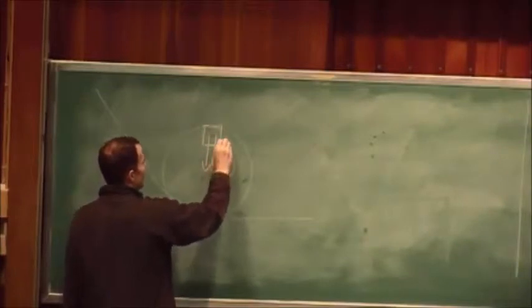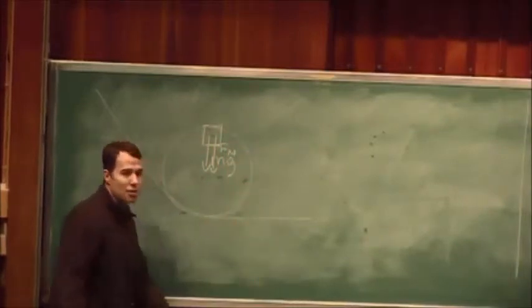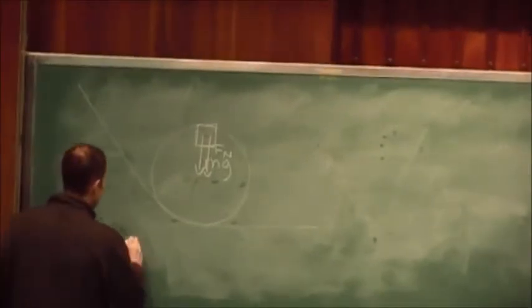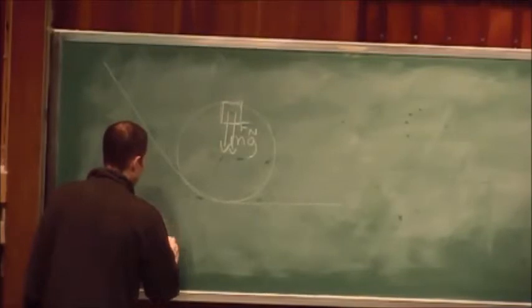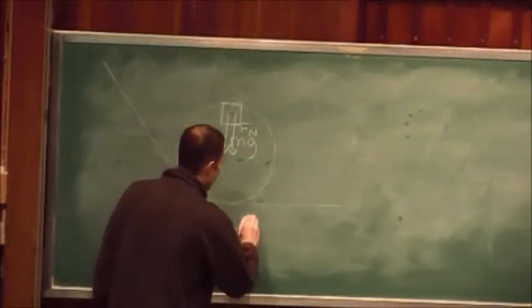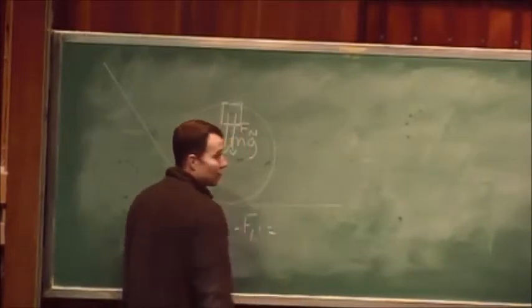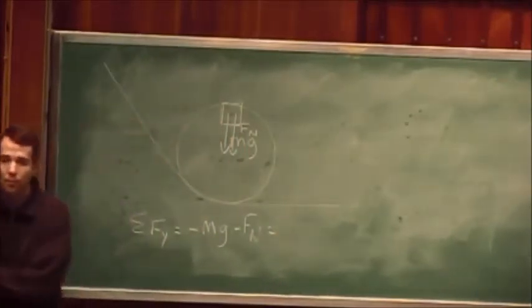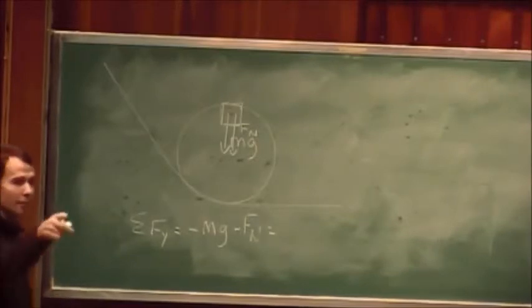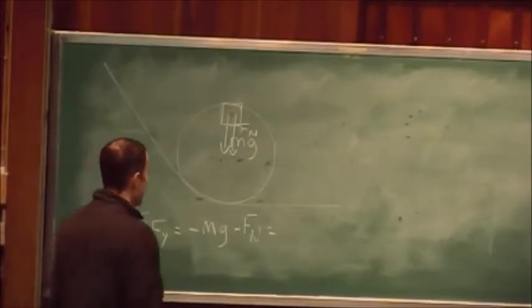So we have the normal force and mg in the same direction. So when I sum up the forces, I get minus mg minus Fn is equal to what? Okay, mv squared over r, right?